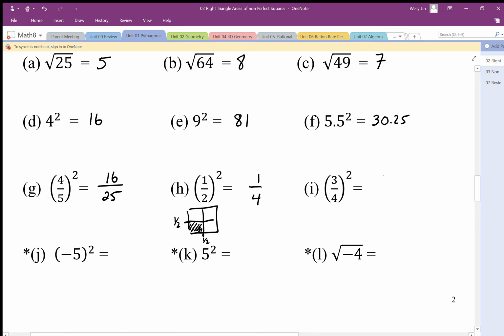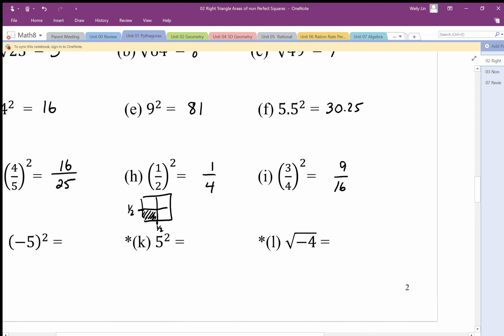So for 3/4 squared, I'm going to square the top and square the bottom. That's going to give me the area, or the number of squares, based on that side length of 3/4. And again, I can show this one here. If I have a side length of 1 and divide it into 3/4, there's my 3/4 here, and I can do 3/4 along here.